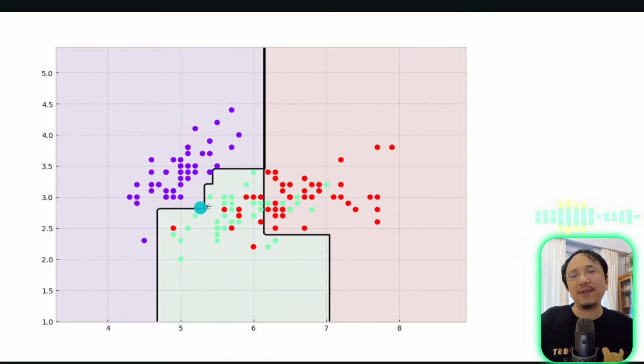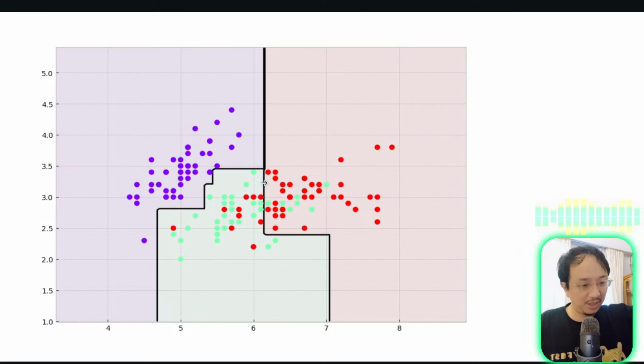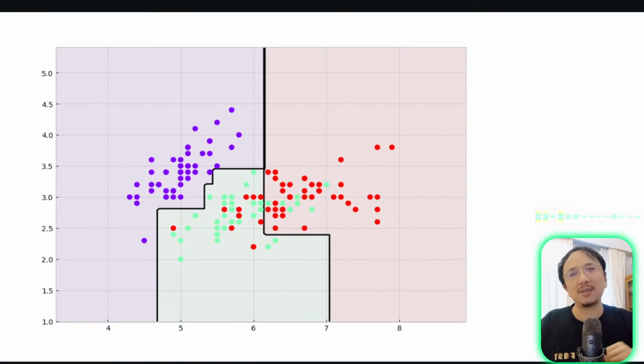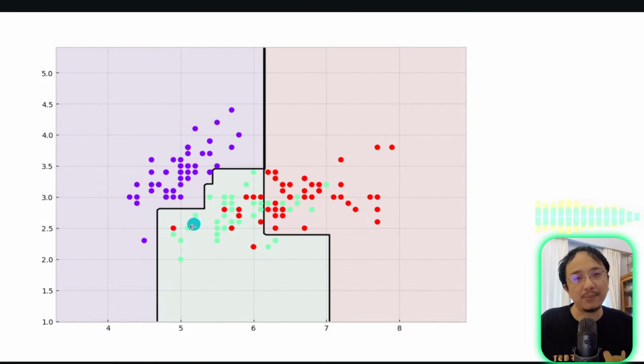As you can see, if the tree has a large depth, then we can in fact make the boundary very close to our samples and separate them perfectly, and perhaps too perfectly.